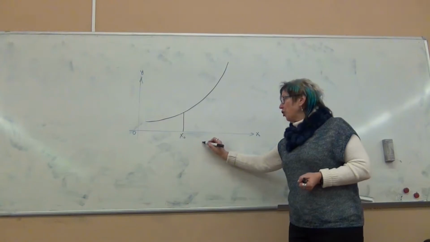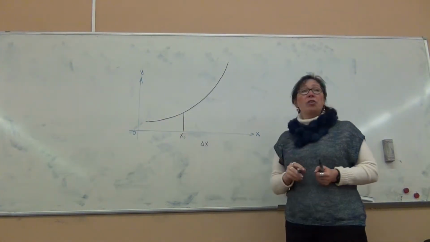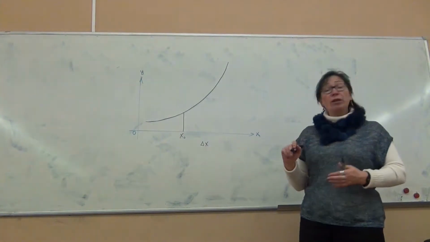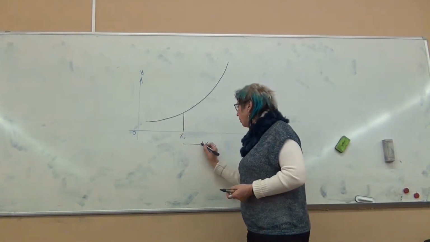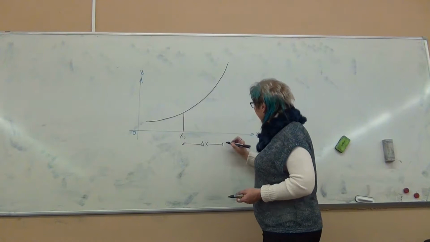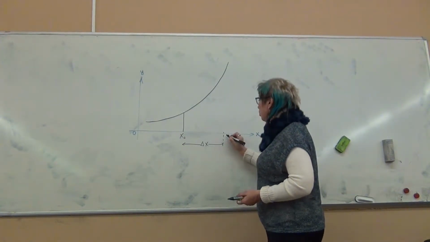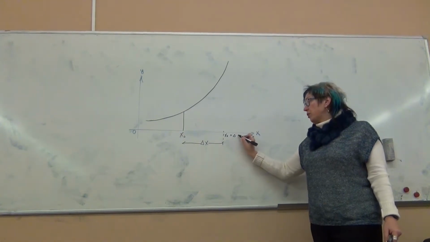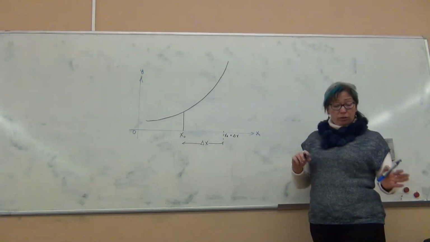Let's call this change delta x. It's called the increment, the x increment, or the increment of the independent variable. So this point would have x coordinate x0 plus delta x after a bit.